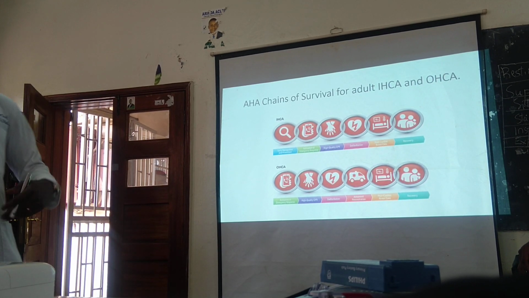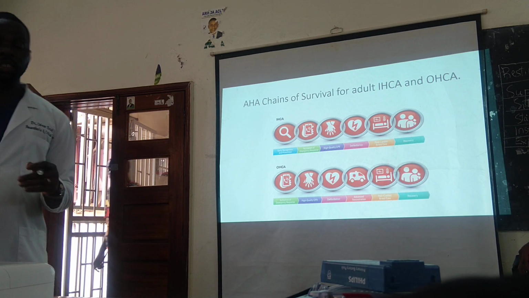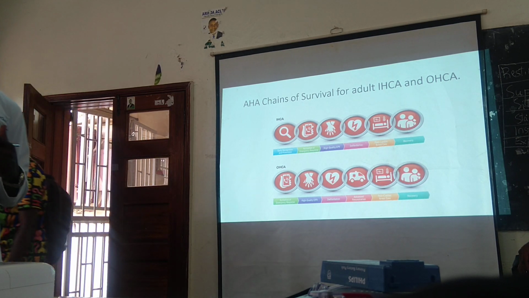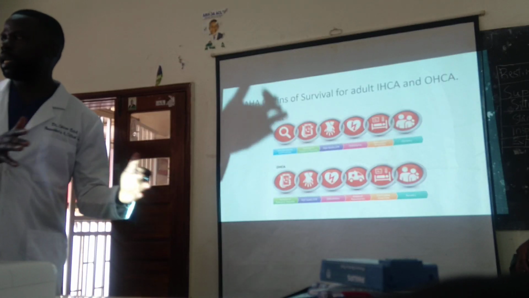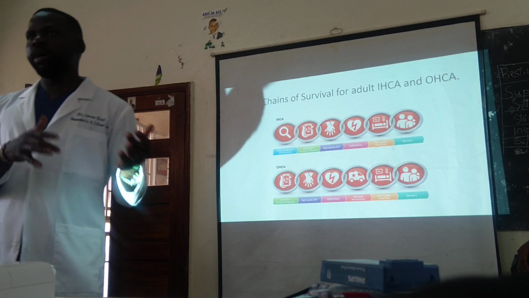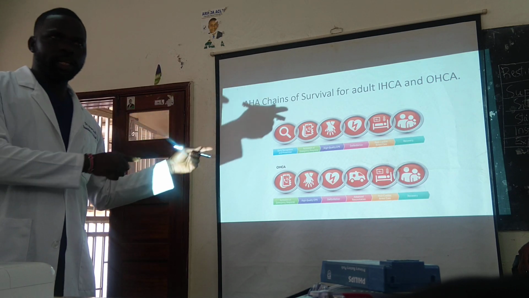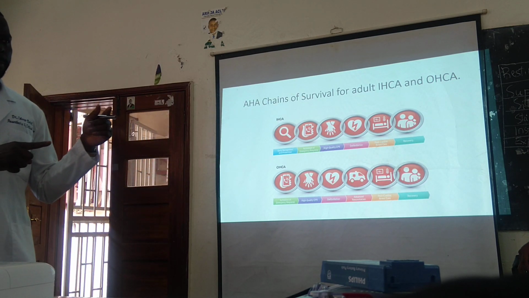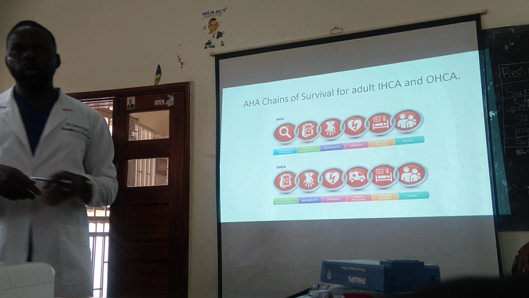Or if it has changed from PEA, which seems to be normal sinus rhythm, to ventricular tachycardia, pulseless, or ventricular fibrillation, then you can go from adrenaline to defibrillation. There's what we call CESA.